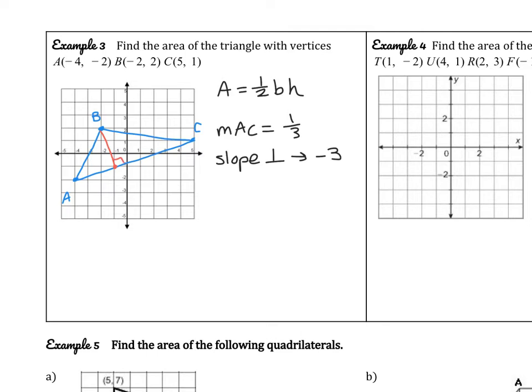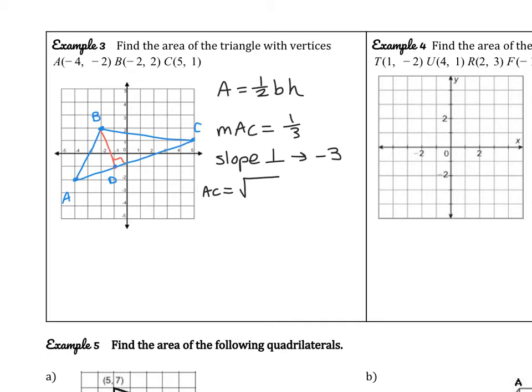So now we have that perpendicular height that we need, and I'll call this point D. Now we need to actually find the length of our base and our height. We could do that with the distance formula or Pythagorean theorem, so I'll do distance formula. For AC, again, we know the coordinates here and here.